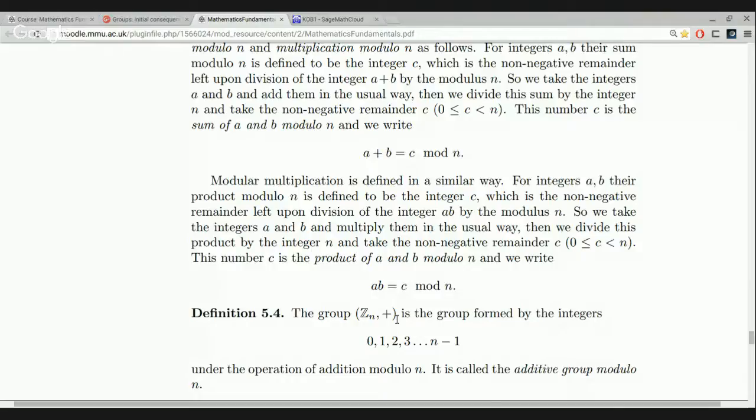3 by 3, which entry goes here? 3 by 3 is 9. But what's 9 equivalent to modulo 8? 9 leaves remainder 1. 3 by 5 is 15, which gives 7. 3 by 7 is 21, which is 16 remainder 5. Now, because this group is based on multiplication of integers, this group is commutative.